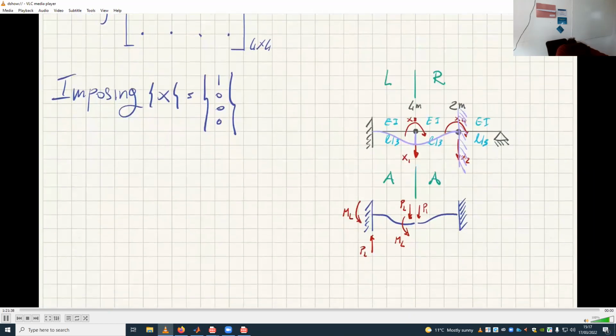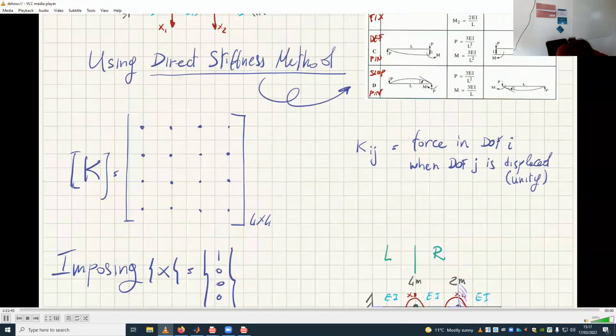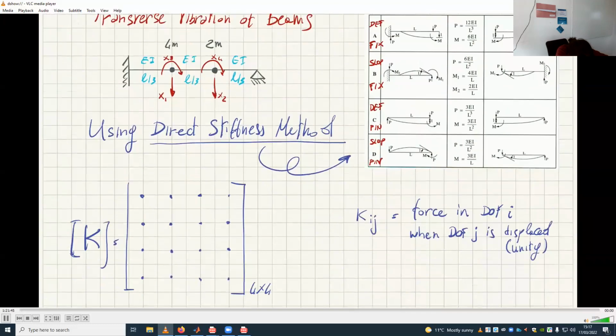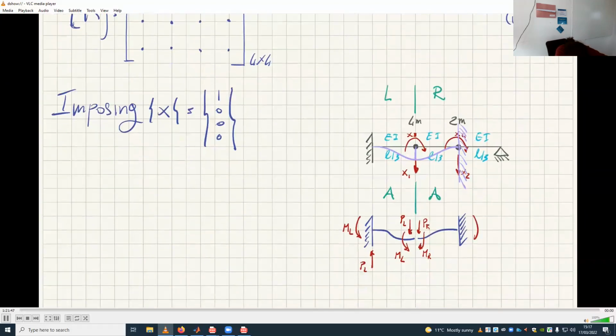So we have P right, M right, M right, and P right. Okay, so now what do we want? Since we are imposing x1 is 1, we are finding ki1.